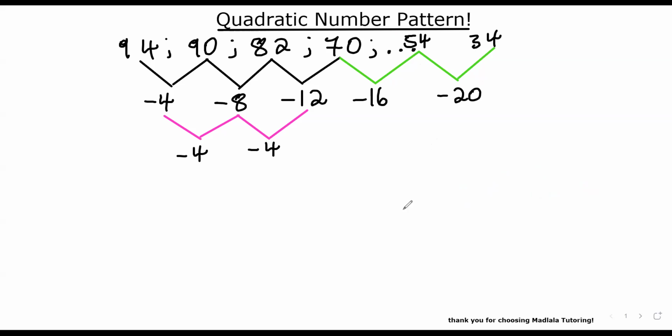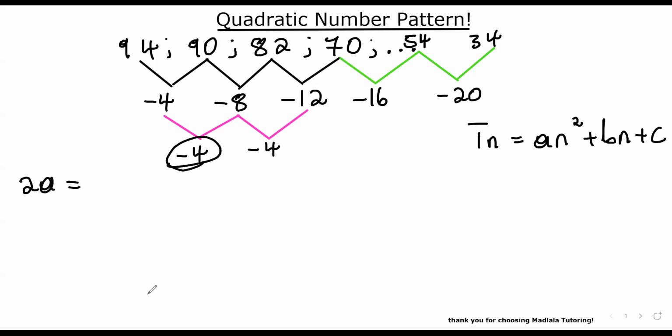So the question then is, how do we find the general term? Well, we know that our general term takes the form an squared plus bn plus c. In order for us to find the value of a, we take 2a and equate it to the second constant difference.